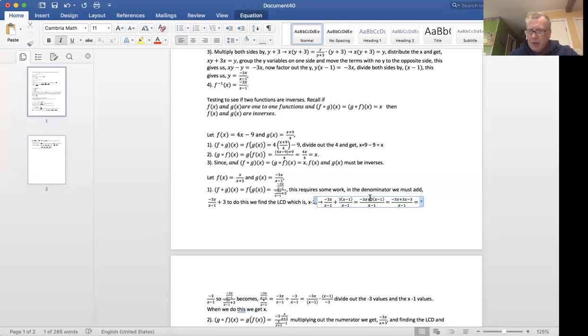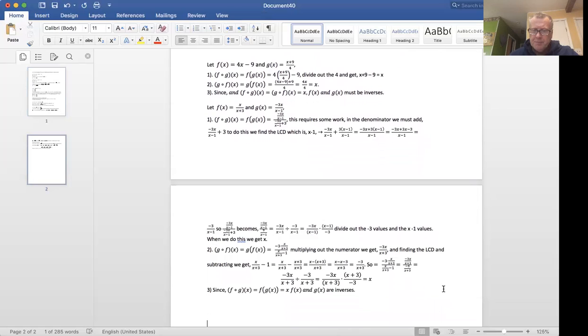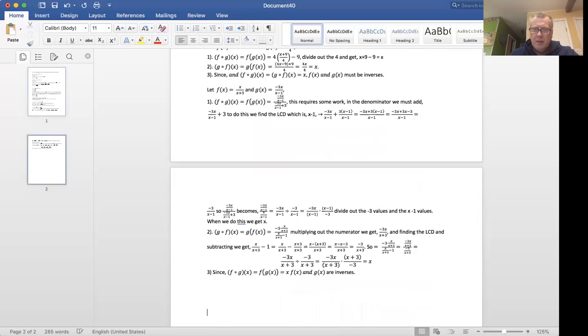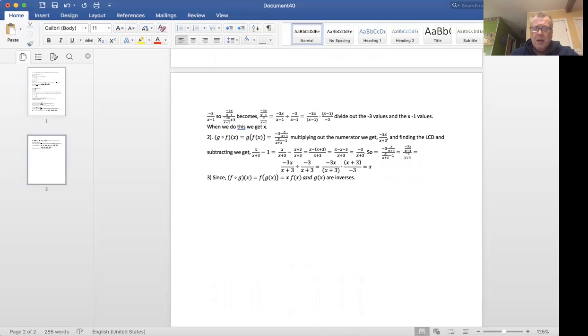So minus 3x plus 3 times the quantity x minus 1 over the common denominator. We'll distribute the 3, giving us minus 3x plus 3x minus 3 over x minus 1, which ends up being equal to minus 3 over x minus 1.